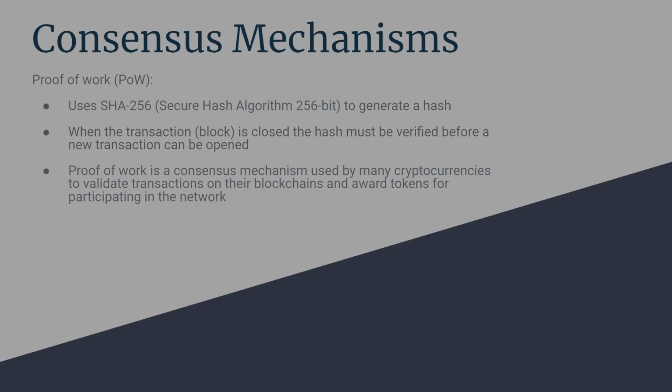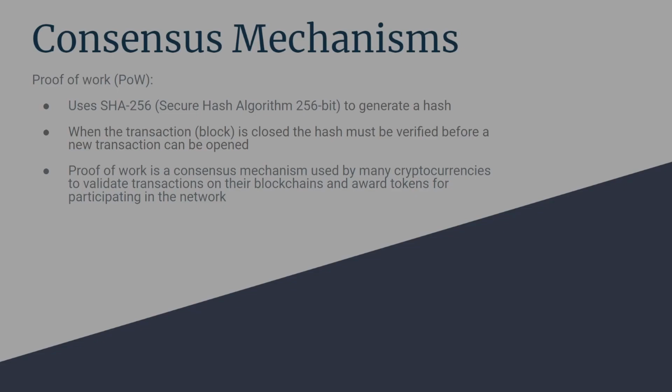Miners can also use proof of work and the function SHA-256 to compute the block header or the previous hash and calculate blocks. Miners who find valid hash values for blocks are rewarded tokens or cryptocurrency for their efforts, which is proof of work.